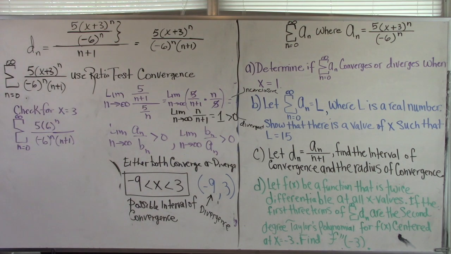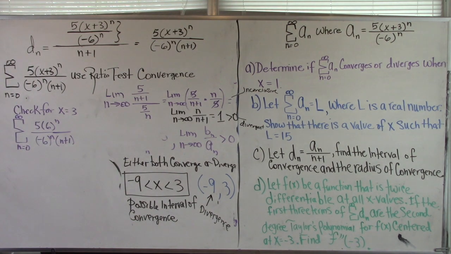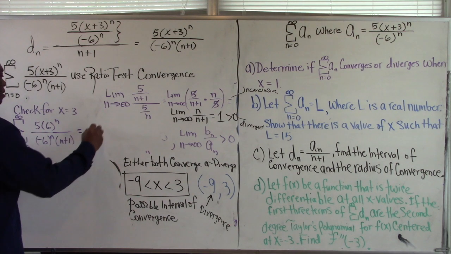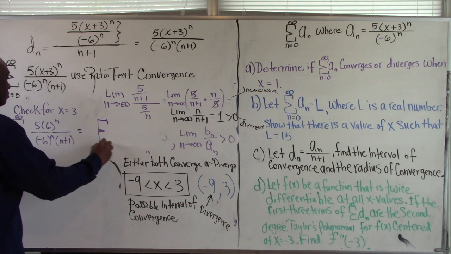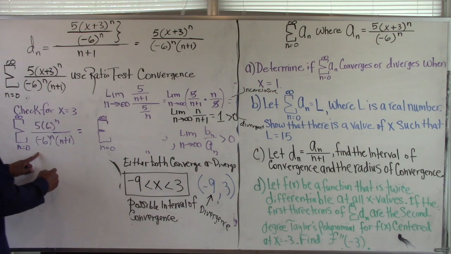All right, let's manipulate it. Let's simplify it. So I can rewrite this now as the summation of n equals 0 to infinity of, now notice this.